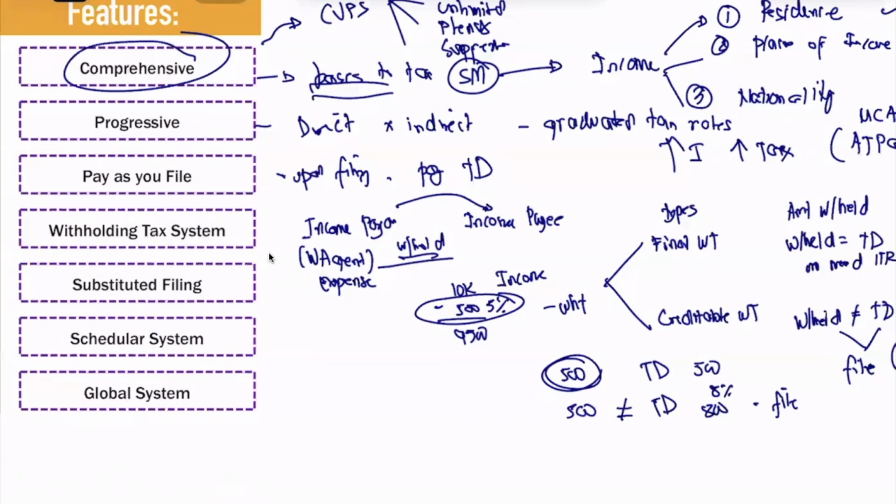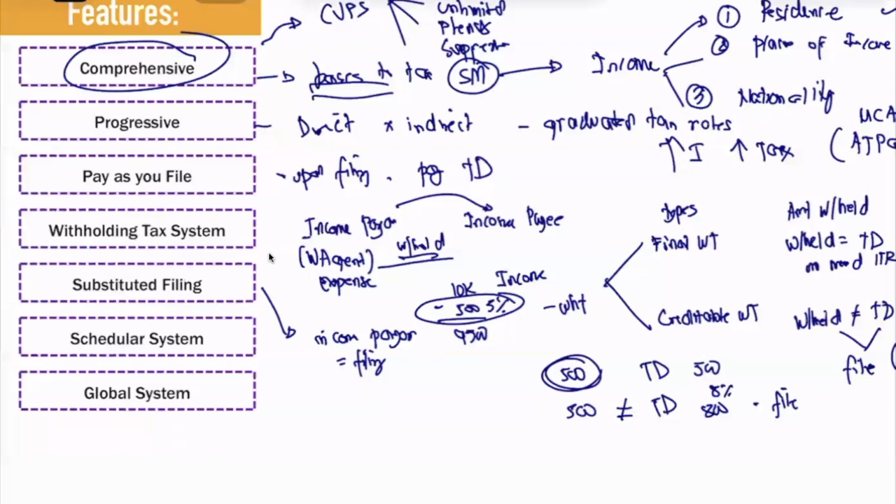Next, substituted filing. So what about substituted filing? In substituted filing, the income payer is the one filing. So what do we mean by that?